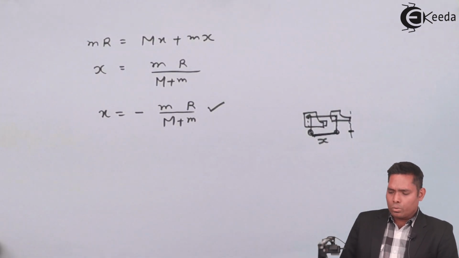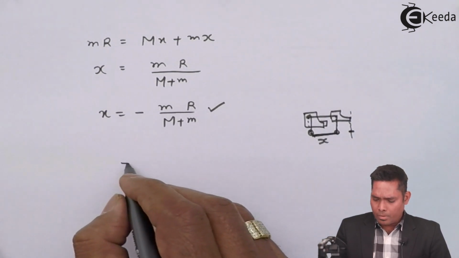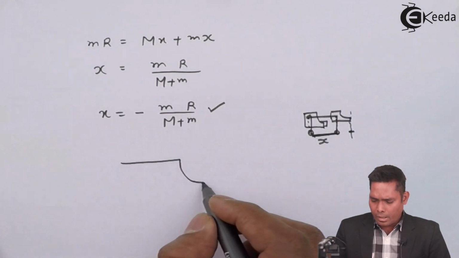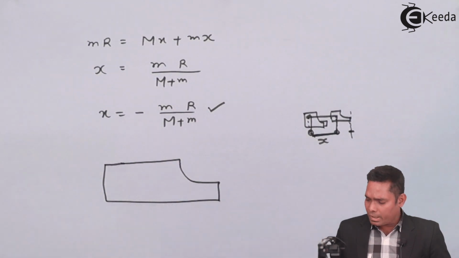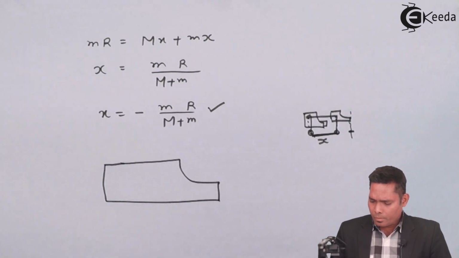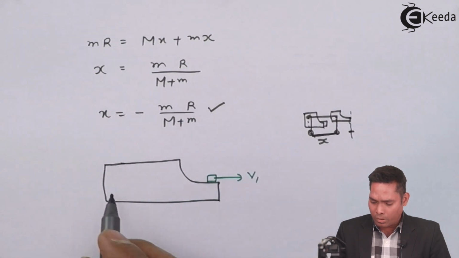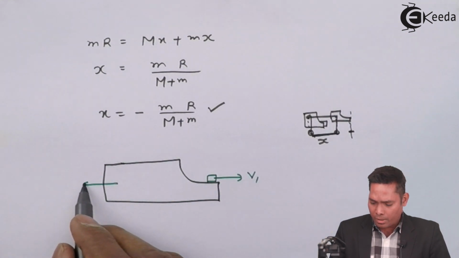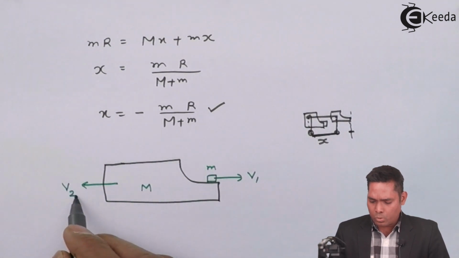Now to solve for the velocity, I'll consider that the block is here leaving with the speed v1, and this mass capital M is moving with the velocity, suppose v2.